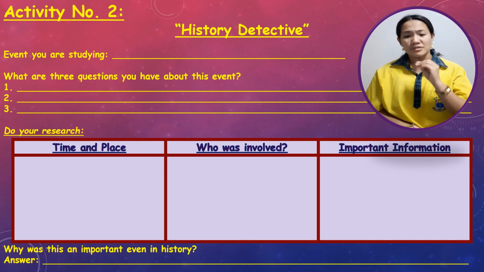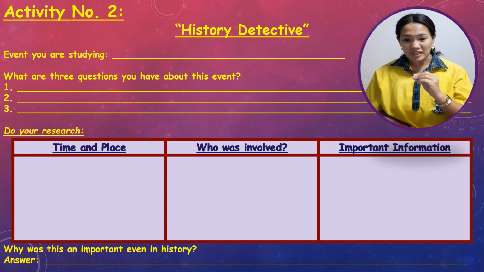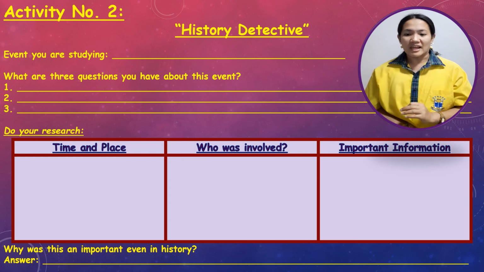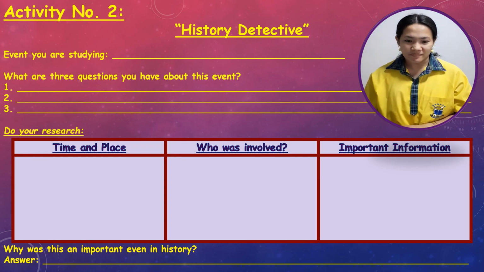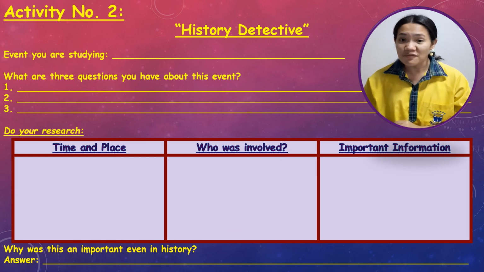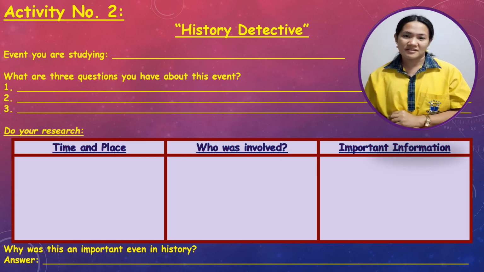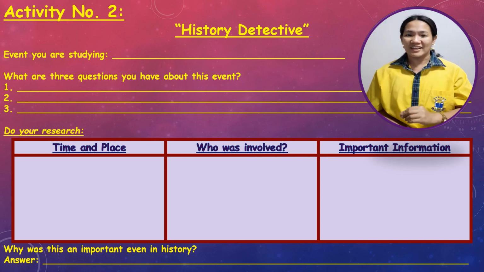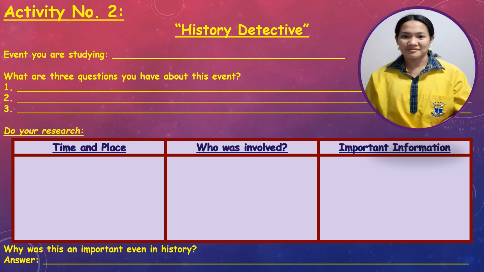Now, when you do your research, you have to give me time and place, who was involved, and important information. Now, the last question, why was this an important event in history? So good luck, and I hope you will finish this activity and find this activity interesting.